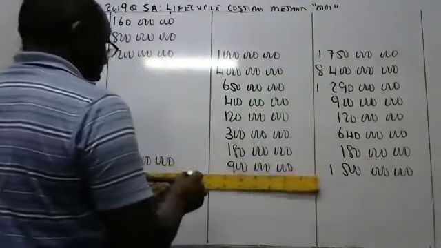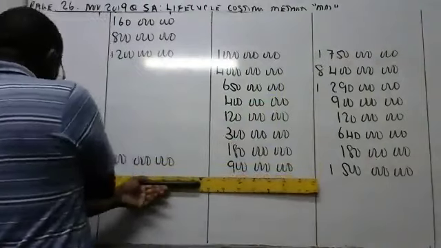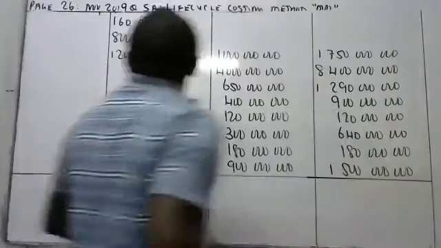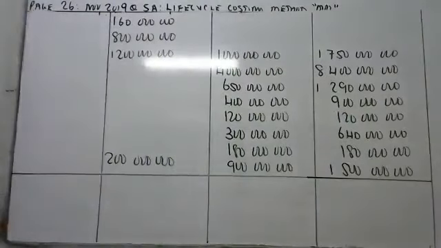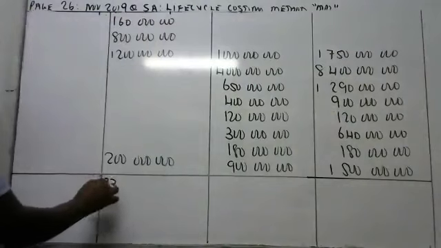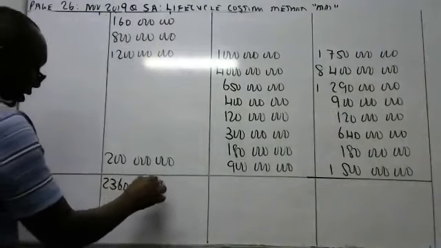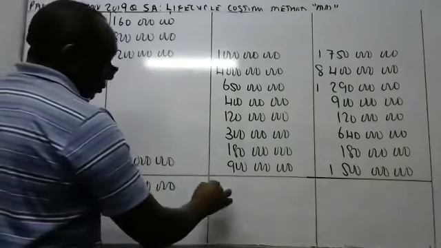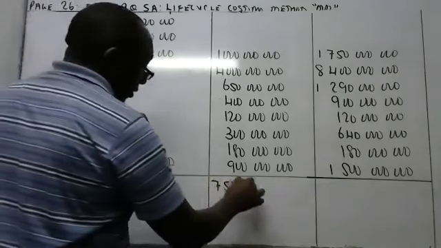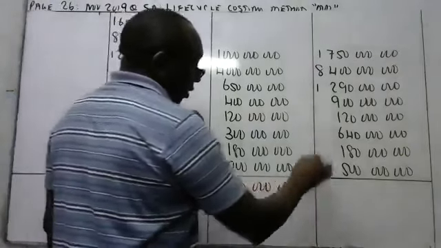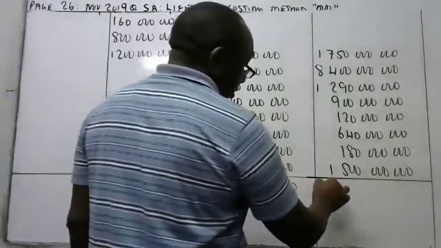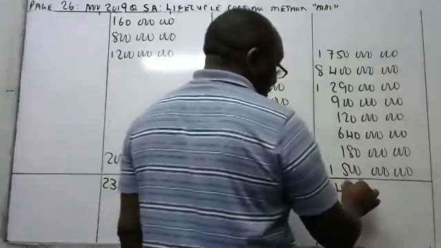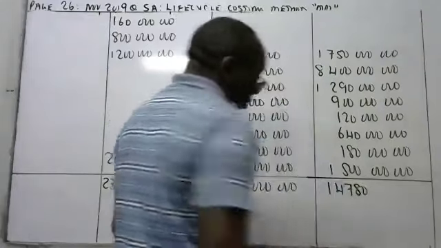So sasa when you add, hii inakuja ngapi? 2360 million. Eh? Then mwingine 7550. Na huyu mwingine 14,700. Namna hiyo.